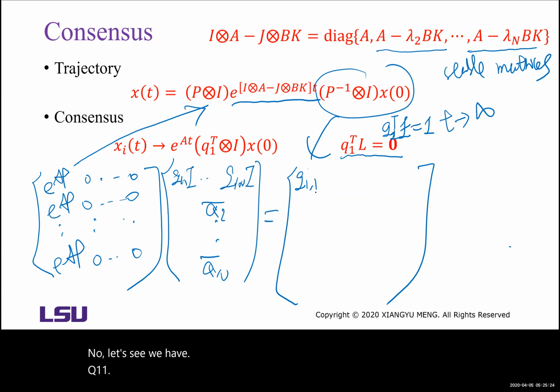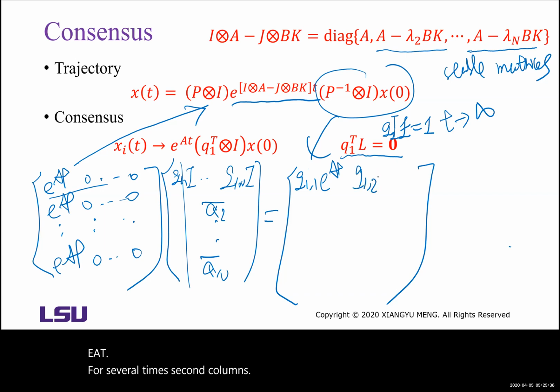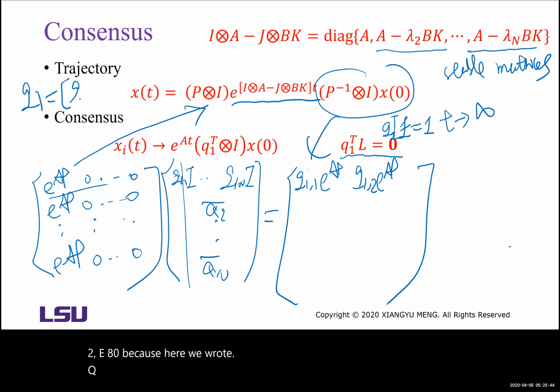If you use the first row times the first column, so e^(At), first row times the second column, so Q12 e^(At), because here we wrote Q1 as Q11, Q12 until Q1n.